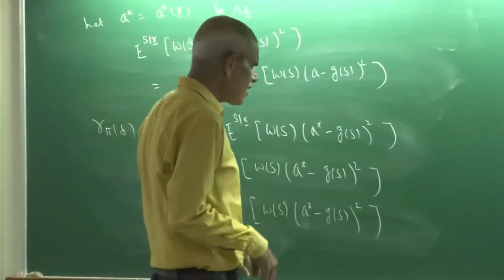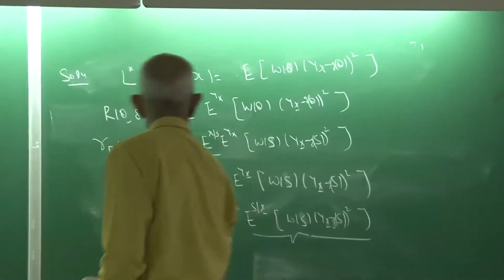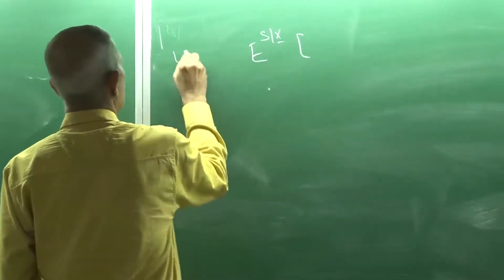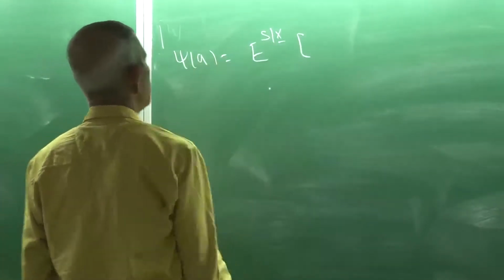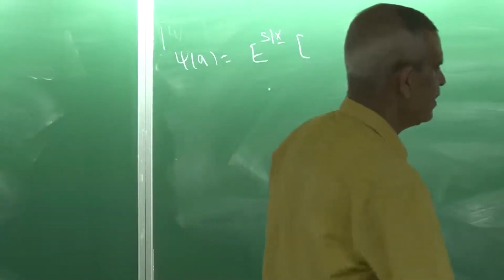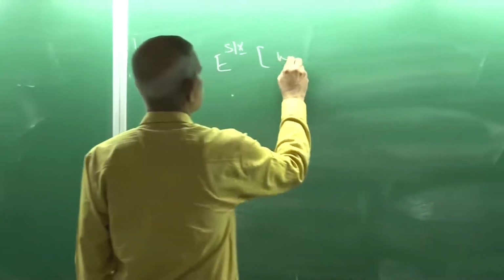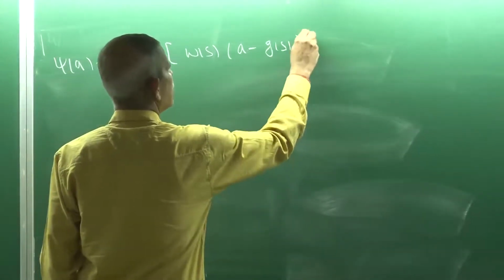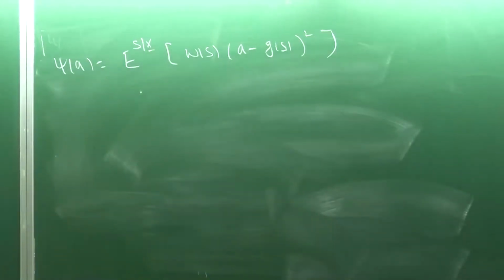So, what is the A star? A star is something which minimizes this. So, E of S given X. Let me call this psi of A, E of S given X, Ws into A minus Gs whole square. So, I need to minimize this quantity. What is this?